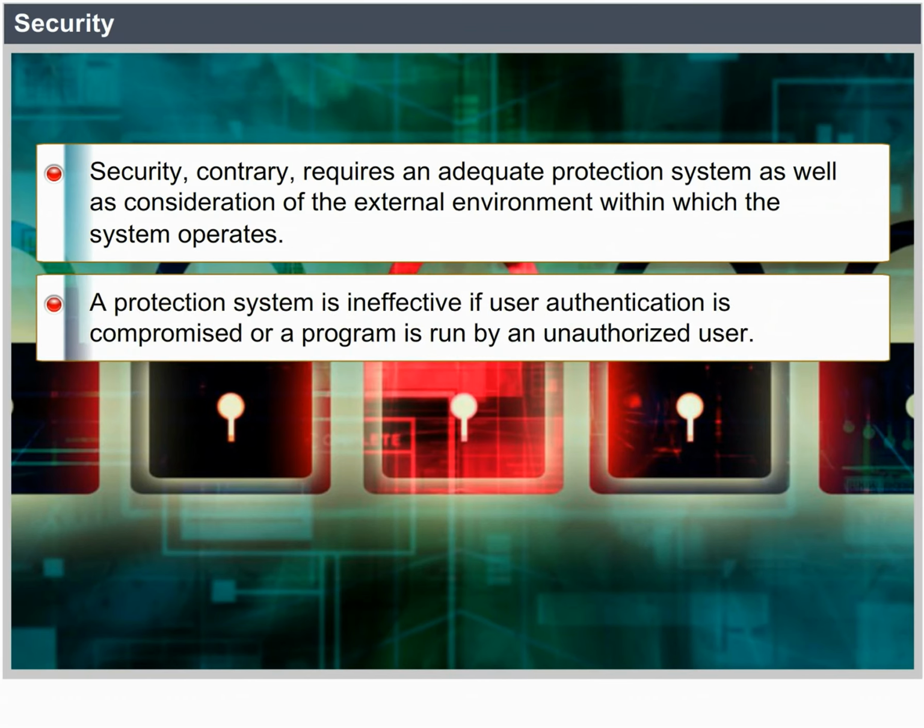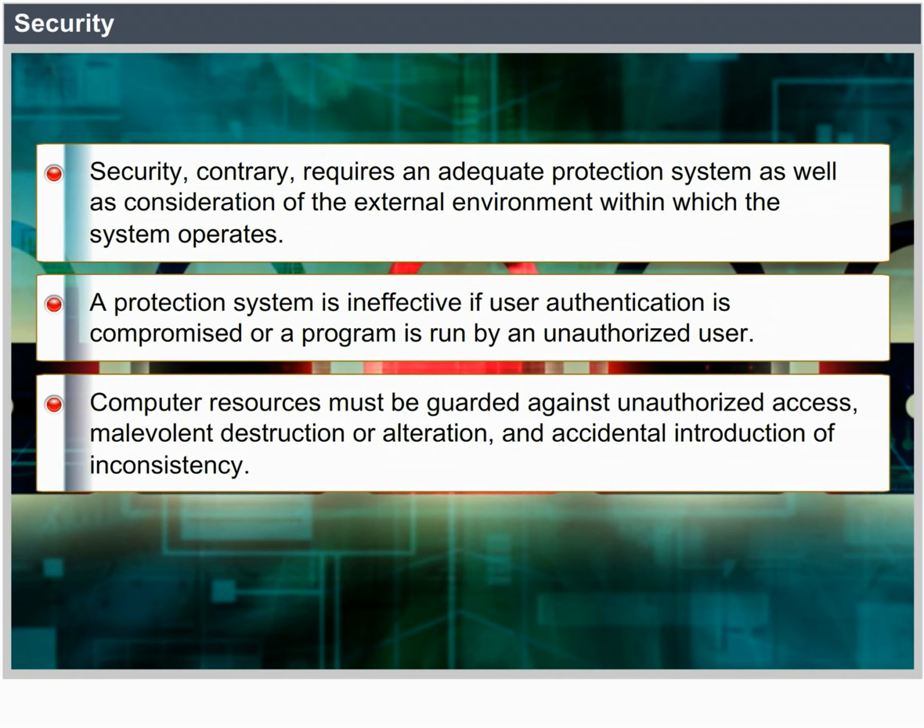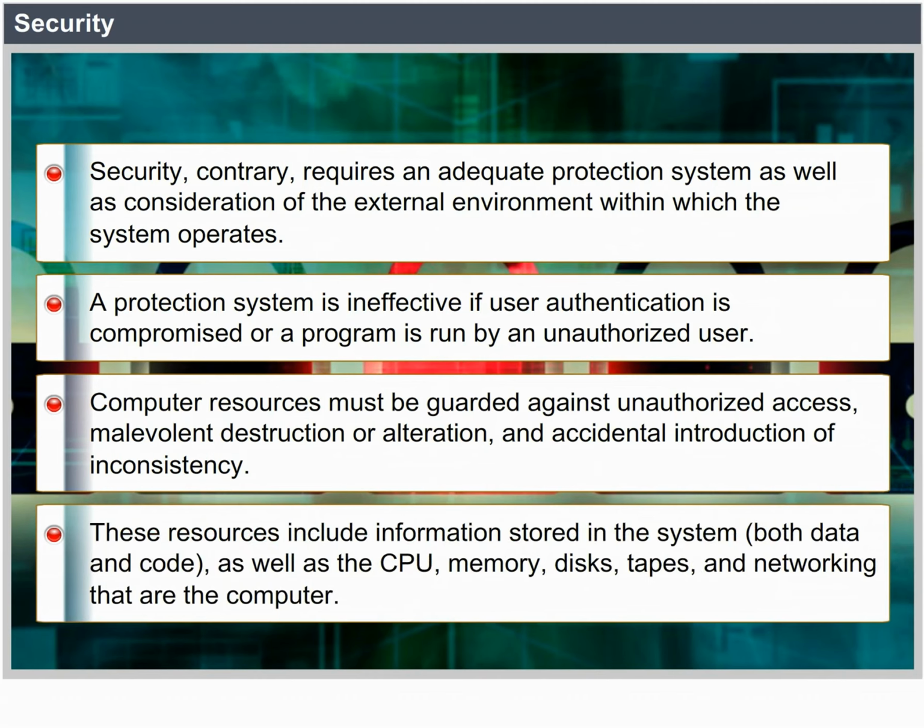Computer resources must be guarded against unauthorized access, malicious destruction or alteration, and accidental introduction of inconsistency. These resources include information stored in the system, both data and code, as well as the CPU, memory, disks, tapes, and networking that are the computer.